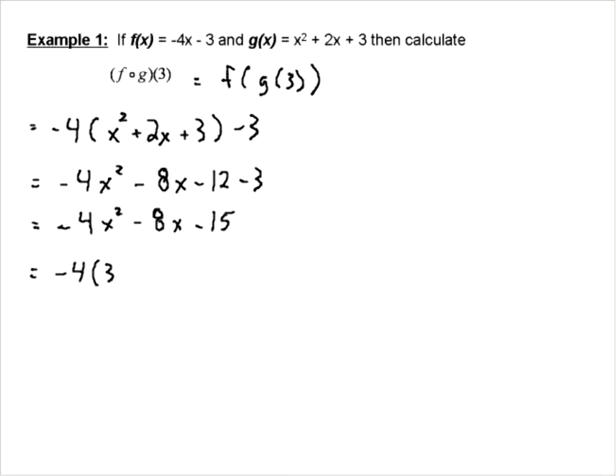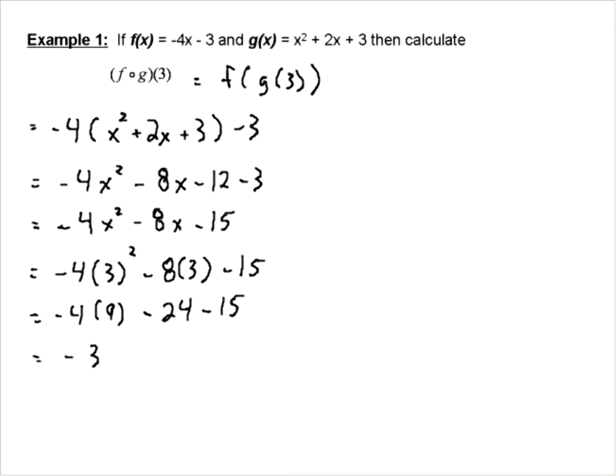So we're going to get minus 4 times 3 squared minus 8 times 3 minus 15. And we're going to get negative 4 times 9 minus 24 minus 15. So we're going to get negative 36 minus 39, which is going to equal negative 75.